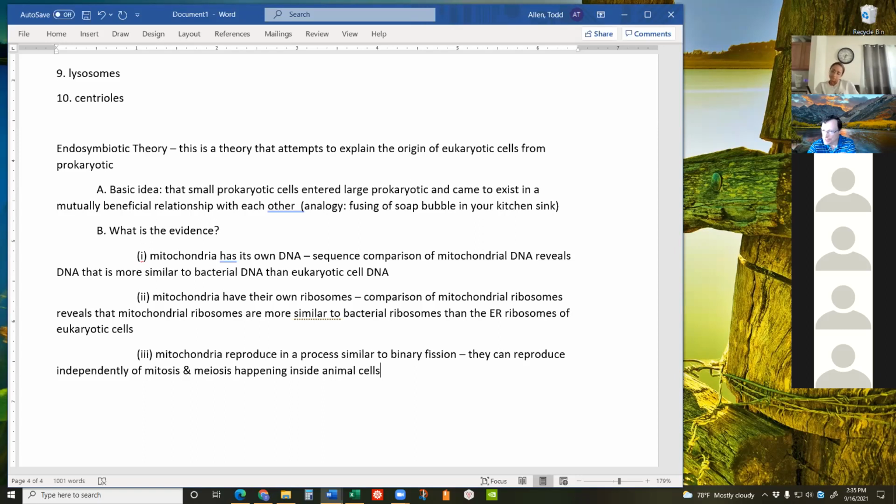Now, does this prove it? No, we can't say it's definitely 100% true, but it seems weird that we can make these measurements and come to these observations.